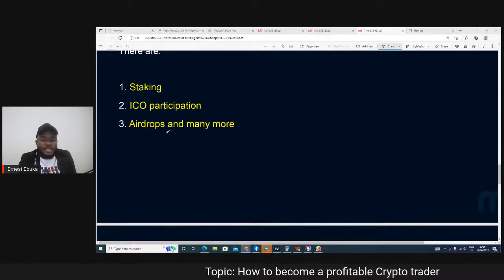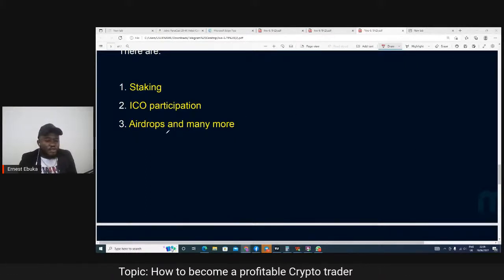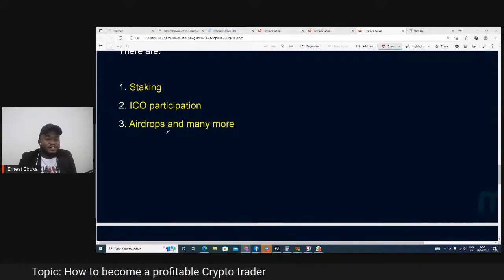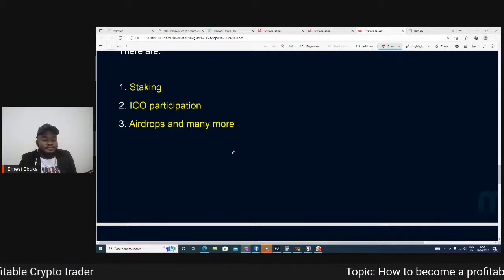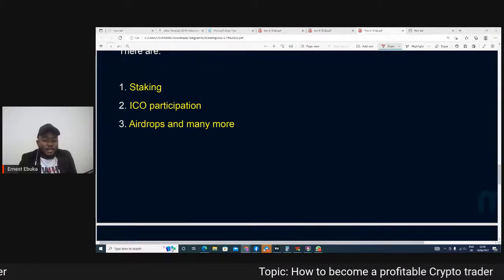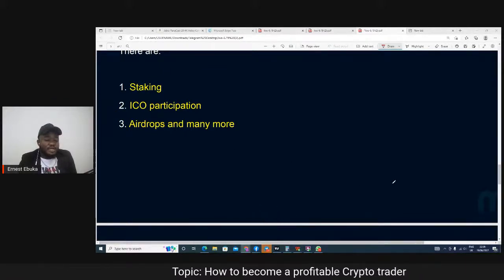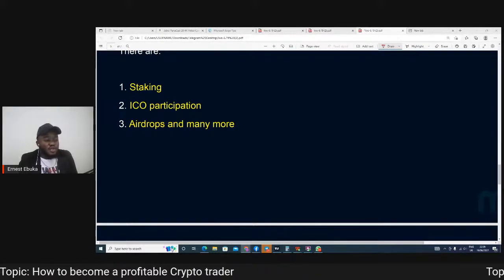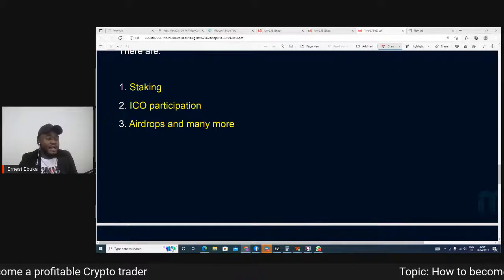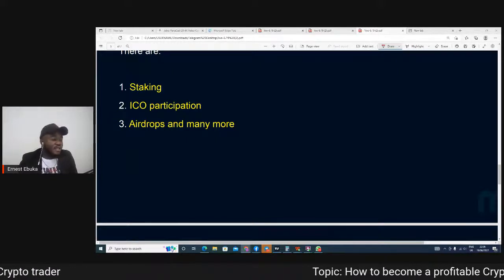So, let's forge ahead. Airdrops and more. You all know there are many airdrops, not just the ones that you people are doing on Telegram. The ones where they tell you to join Twitter, join everywhere, and after everything, they still will not give you anything.